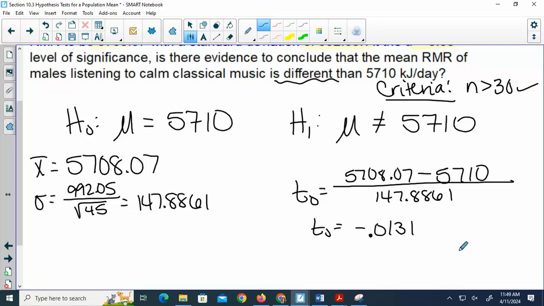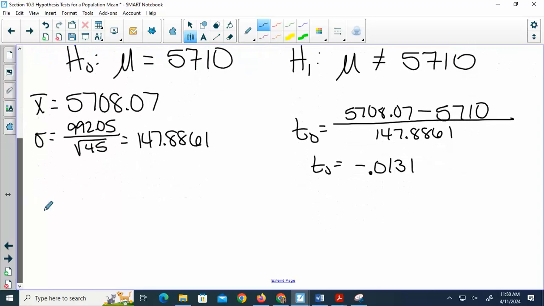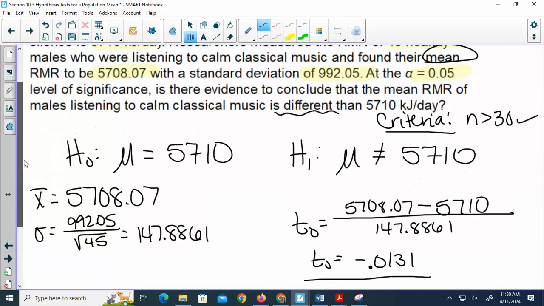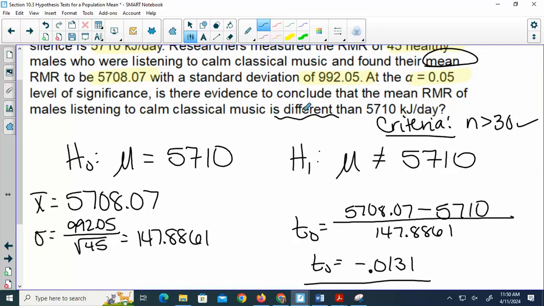All right, so different options for how to proceed. If I were trying to do the classical approach, this is our value. We would have to compare it to the t distribution. How many degrees of freedom do we have? 44.